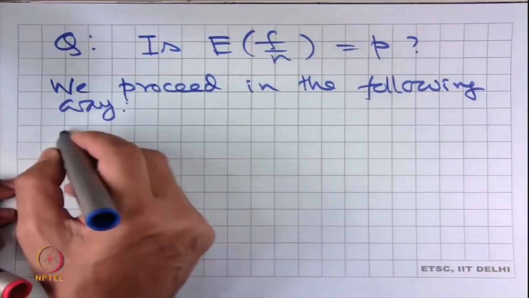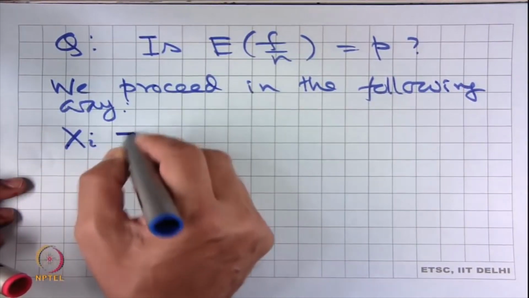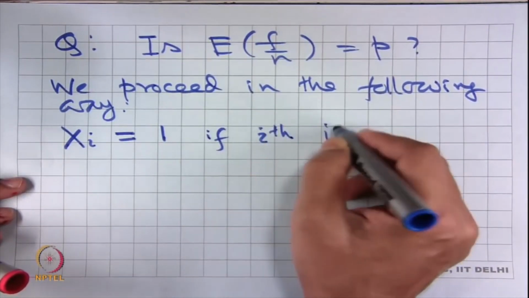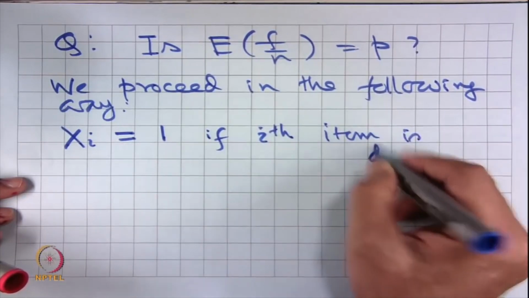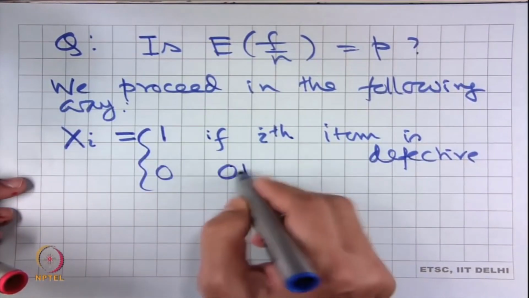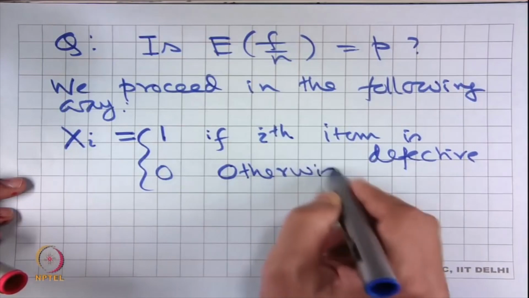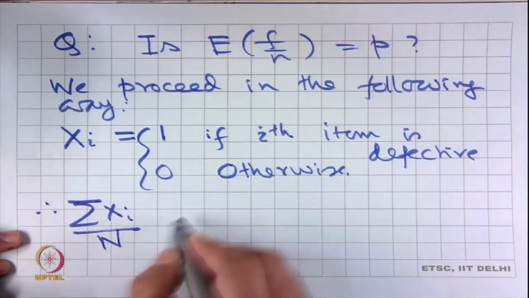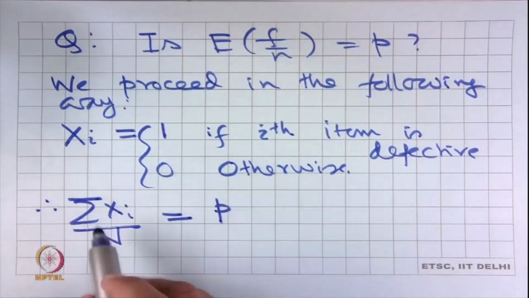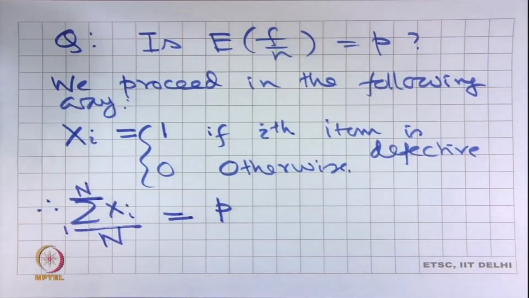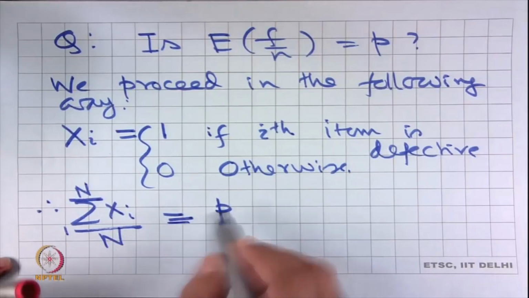We define a random variable xi, which is 1 if the ith item is defective and 0 otherwise. Therefore, sigma xi divided by N is equal to p, because sigma xi from 1 to N will count the number of defective items in the population. Therefore, that divided by N will give you the proportion.